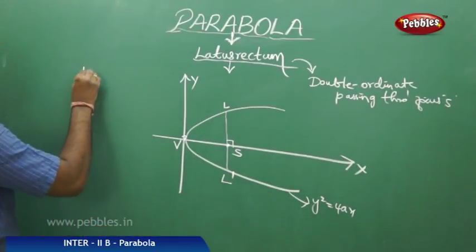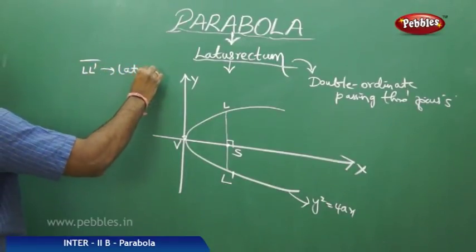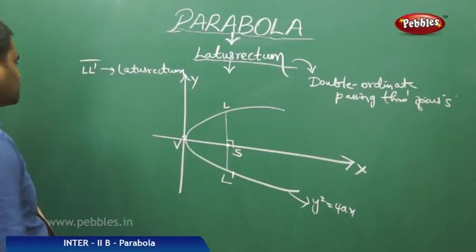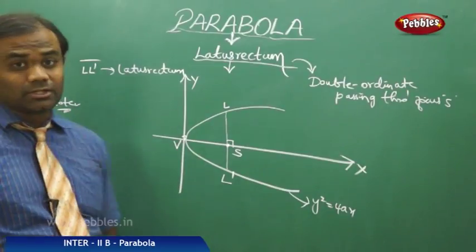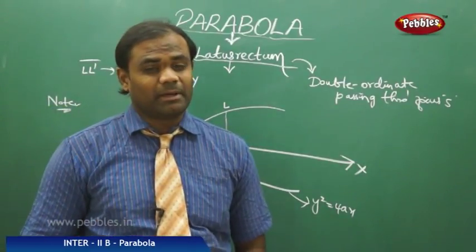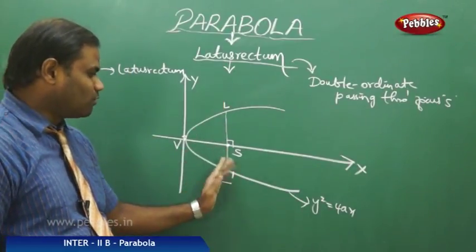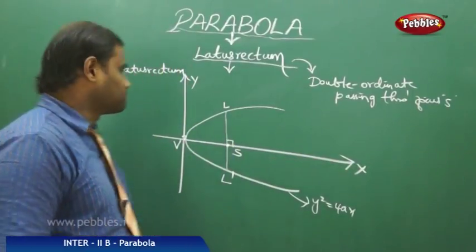So here LL' is referred to as the latus rectum, and it is very important to note that there exists only one latus rectum for the parabola, because there's only one line which passes through the focus and which is perpendicular to the axis of the parabola.